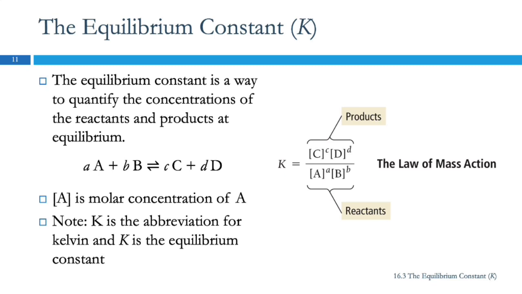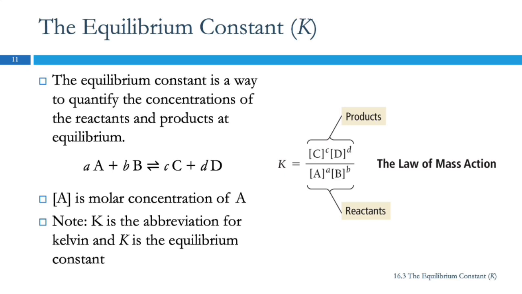So here's another place where it can get confusing with these letters. Capital K that's not italicized is the abbreviation for Kelvin. And the italicized capital K is the equilibrium constant. Right? Not confusing at all, right? Then lowercase k is kilo.